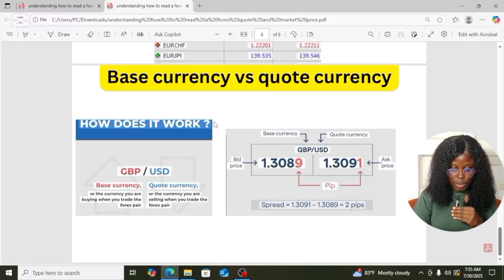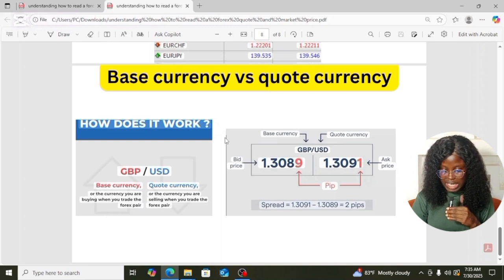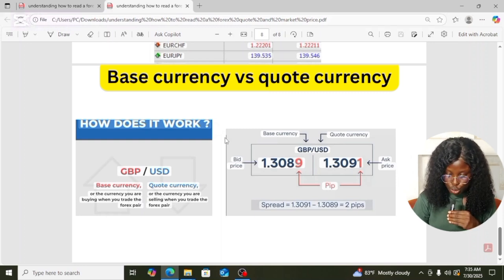Whenever we're talking about base currency or quote currency, in every currency pair, you always have the base currency and the quote currency. What's the base currency? The base currency is the first currency in front, while the quote currency is the second currency. And there are other definitions for each.